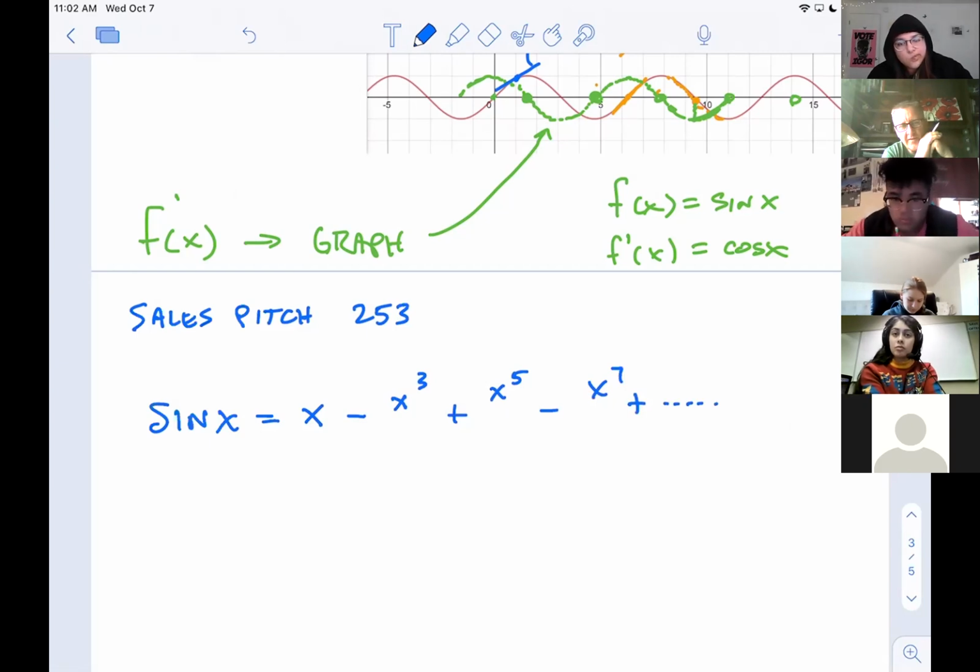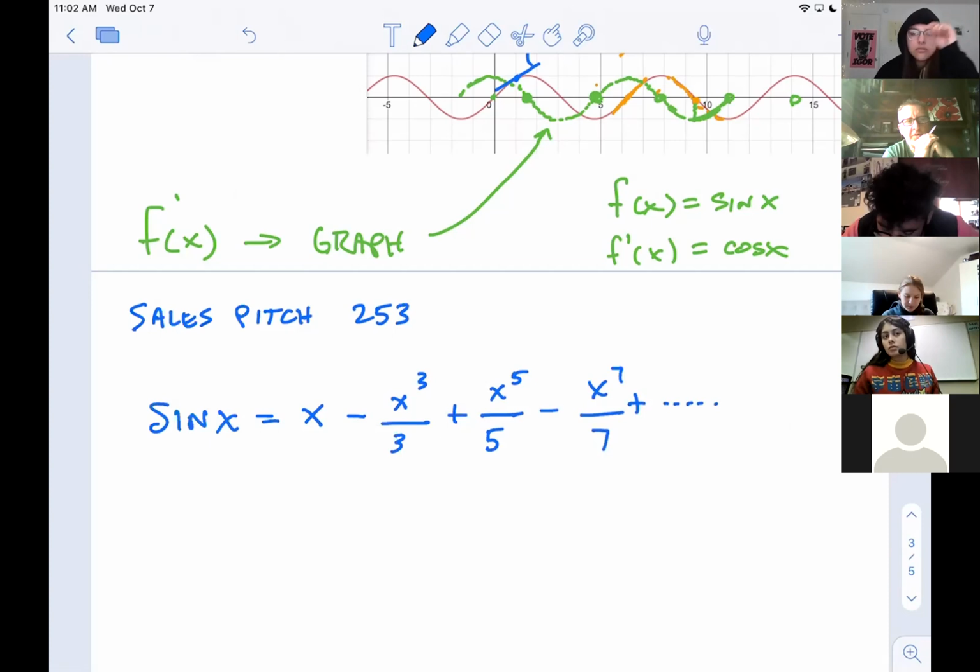So the next one will be plus x to the 9th minus x to the 11th, and so forth. We're not quite done. What else goes here? Well, a 3 goes down here. That's why I left room for it. A 5 goes down there, a 7 goes down there. And notice the dot, dot, dot: this goes forever, never stops.